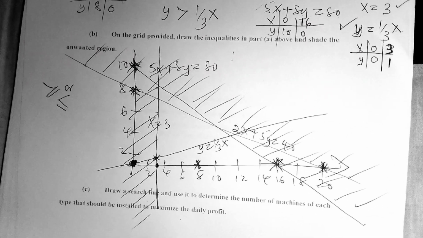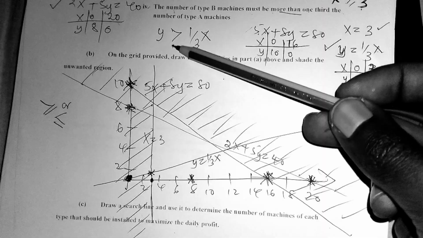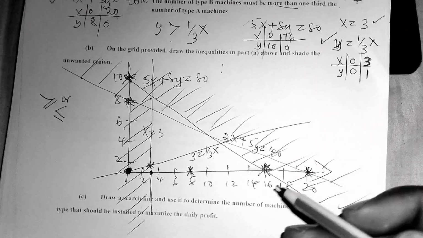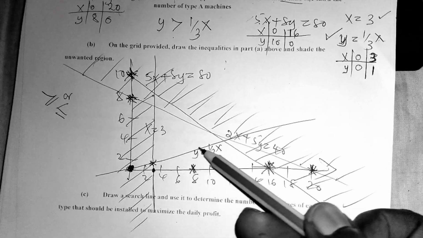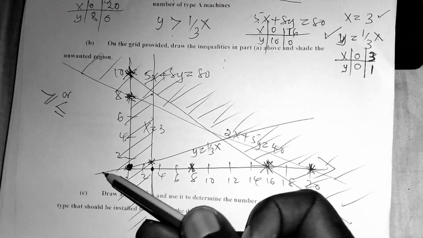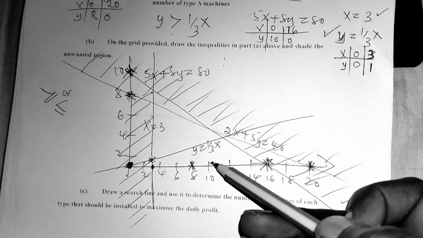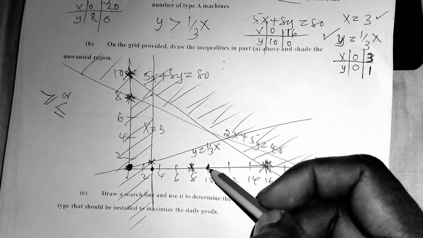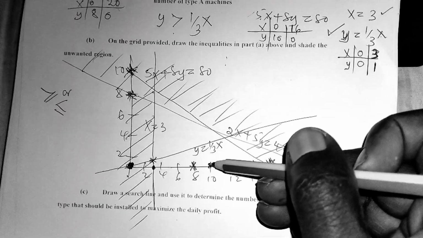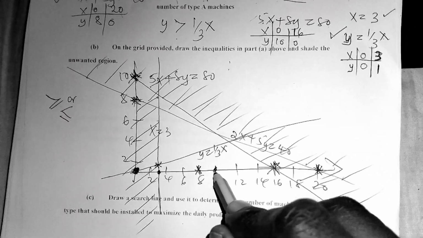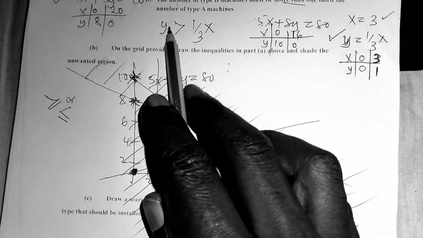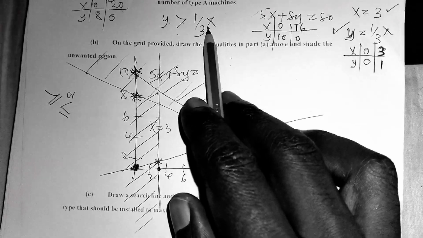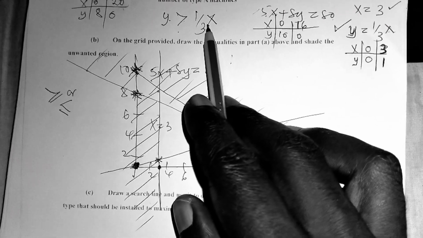So you can test using the inequality y is greater than a third x. You can choose any value of x and y which is on either side of this line. So I can pick this point here, 10, 0, which is on this side of the line. Your x is 10, so you have 0 is greater than a third times 10, which is approximately 3.